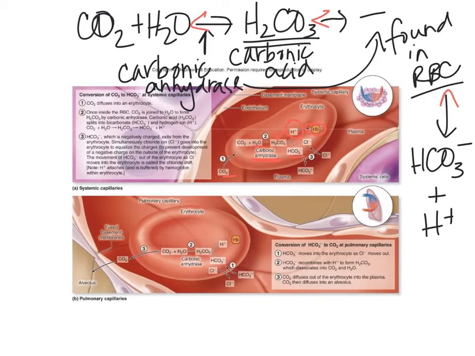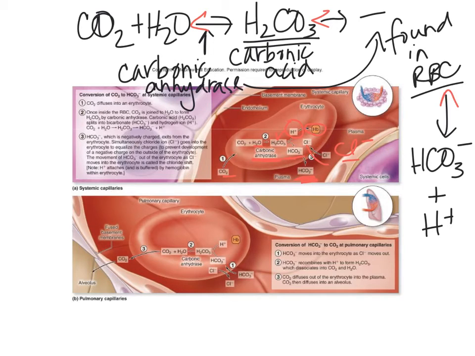The bicarbonate can come out and be carried in the blood. Now we have to account for this bicarbonate because it's charged. So a chloride ion that's outside of it is swapped, and that's called a chloride shift. So that's what happens to the carbon dioxide and how it gets converted and carried.